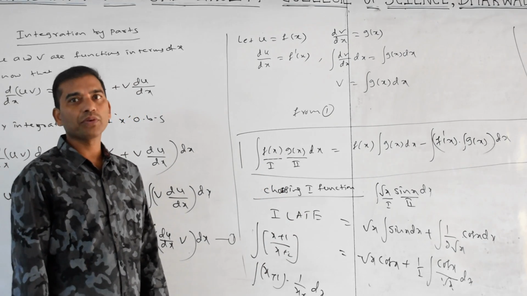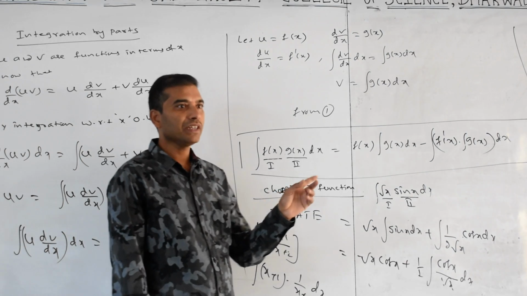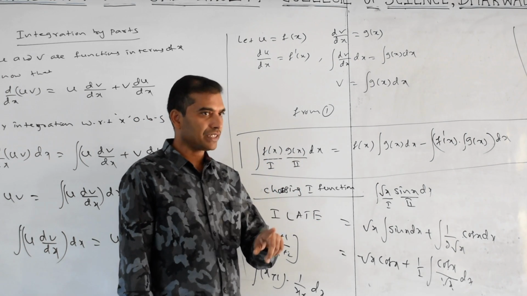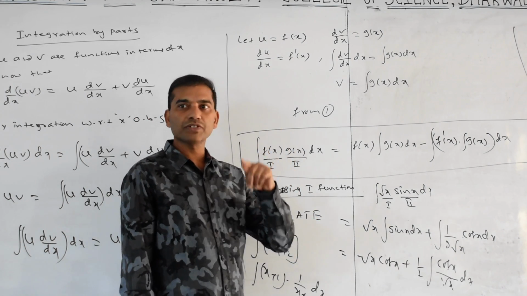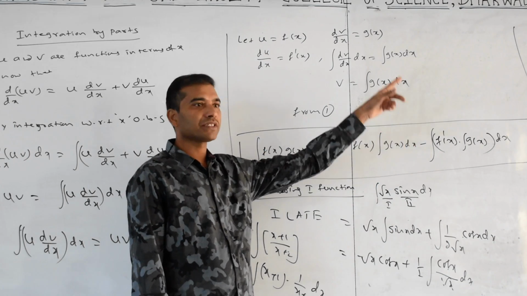So what is the product rule of integration? First function times the integration of the second function, minus the integration of the differentiation of the first function times the integration of the second function.